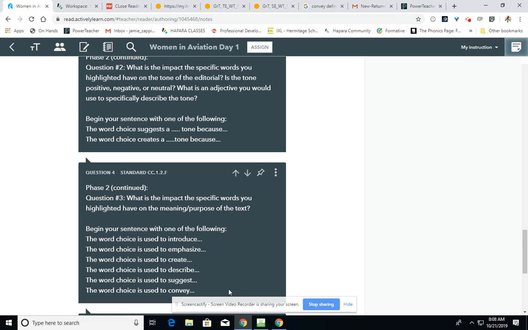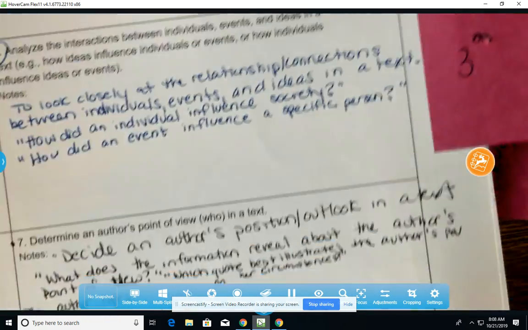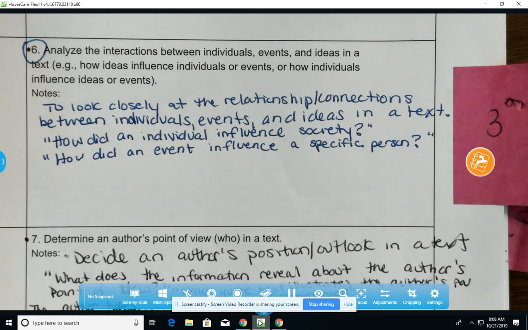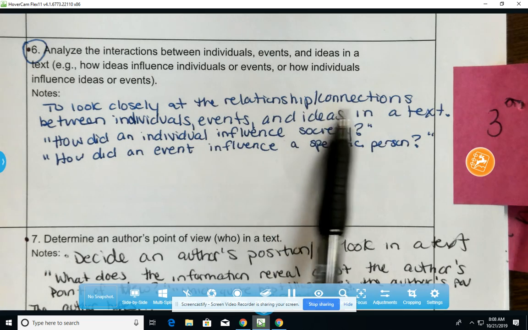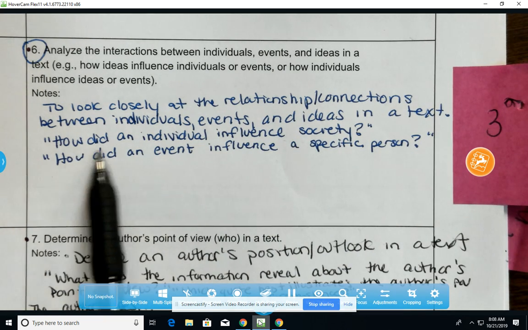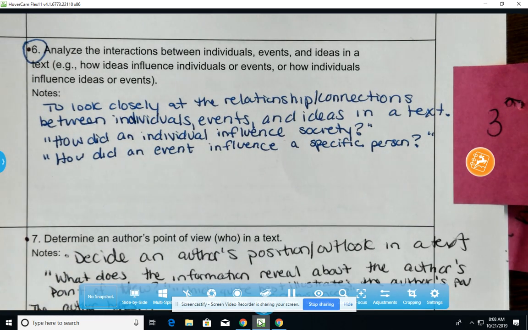The final reading of the text is connected to our interactions between the texts. We talked about interactions in literature. We're now going to switch gears and talk about the interactions between individuals, events, and ideas in the text in informative writing. Remember, we said that means to look closely at the relationship or connections between individuals, events, and ideas in the text, such as how does an individual influence society, or how does an event influence a particular person.